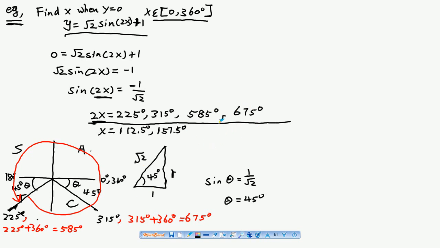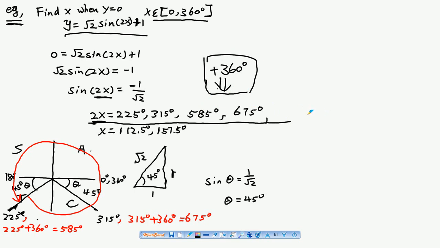If I want more values, I can always add 360 degrees more to these two values to find two new values.